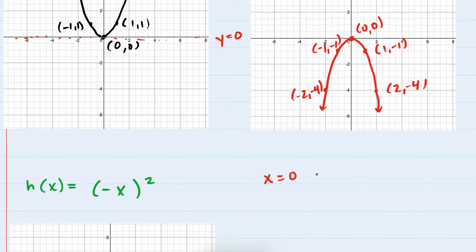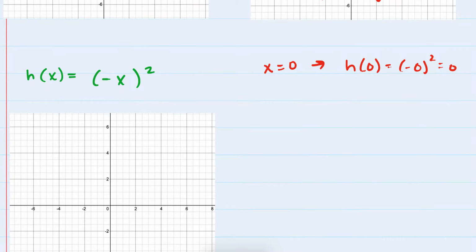So if x is 0, h of 0 is negative 0 squared, which is just 0, so we have a point at 0, 0. Let's put that in green. If x is 1, then h of 1 is negative 1 squared, which is 1. So we have the point 1, 1.